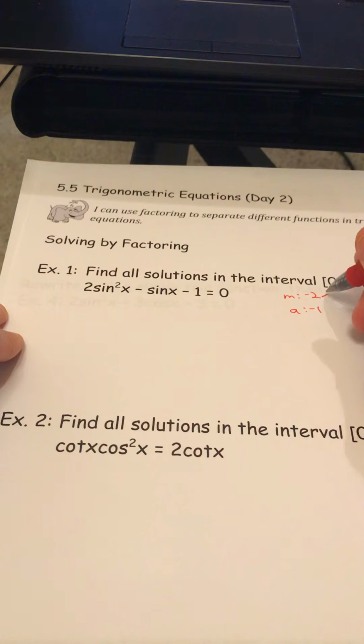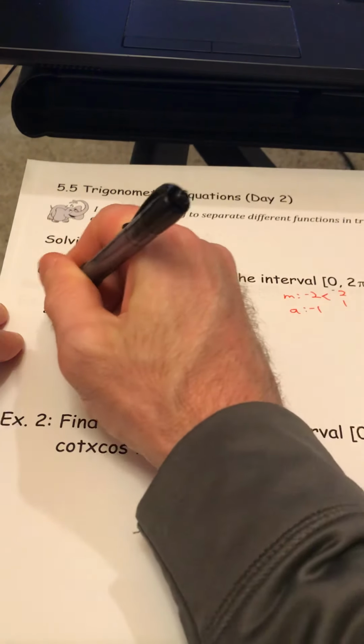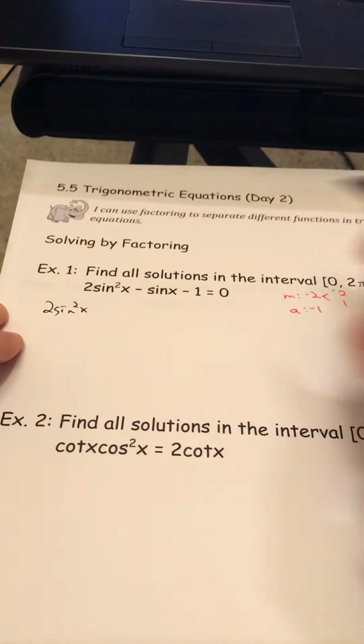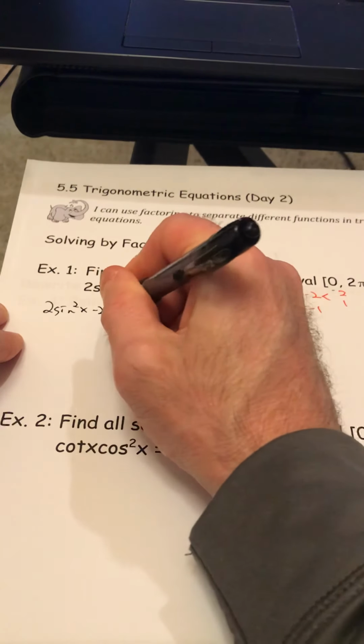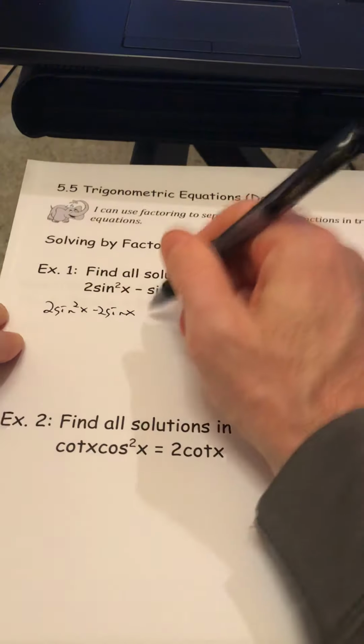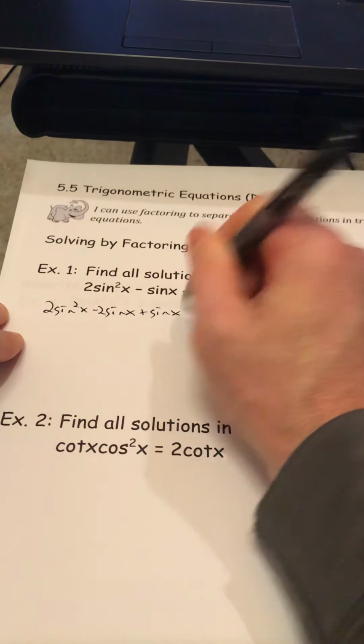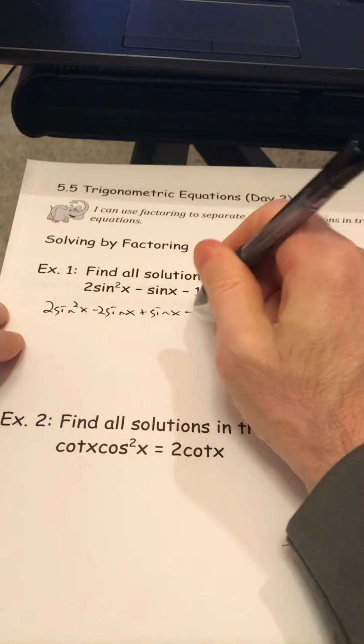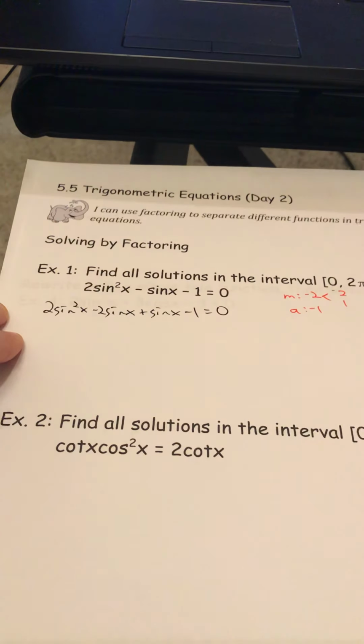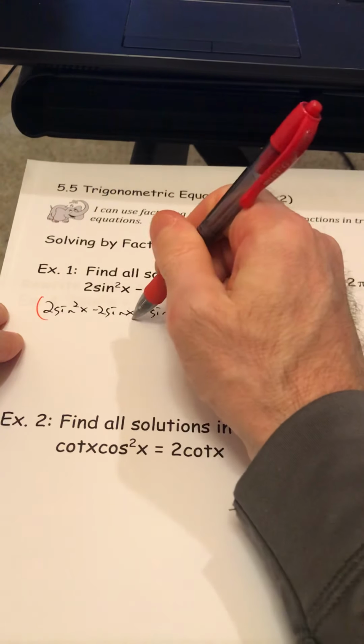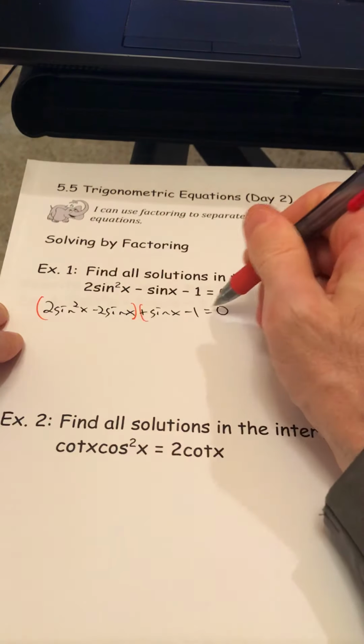Well, our combination that will do that for us is negative 2 and positive 1. So I am going to split my middle term into negative 2 sine x plus sine x, and then minus 1 equals 0. Now from here, we will factor by grouping.